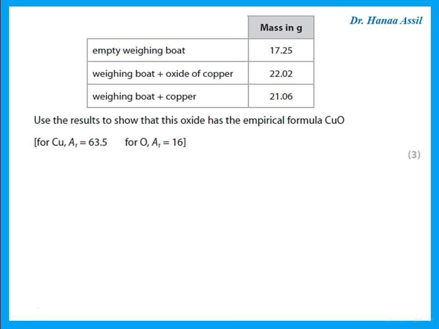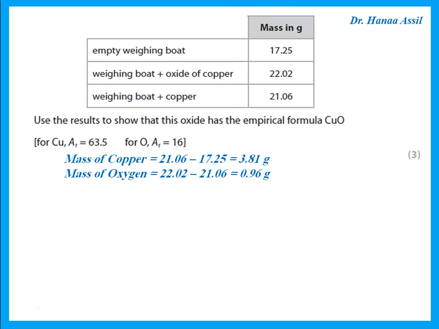Okay, what are we supposed to do? In order to get the empirical formula, we need to get the mass of each one. So what is the mass of copper and what is the mass of the copper oxide? How do we get mass of copper? We already have the mass of the empty boat, or the empty container. Now, if I subtract that from the boat plus copper, then I will get the mass of copper.